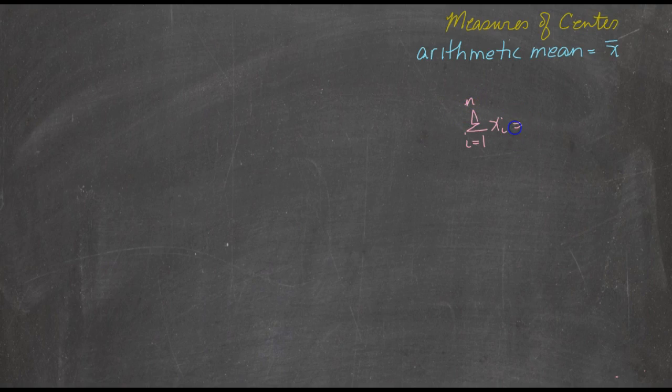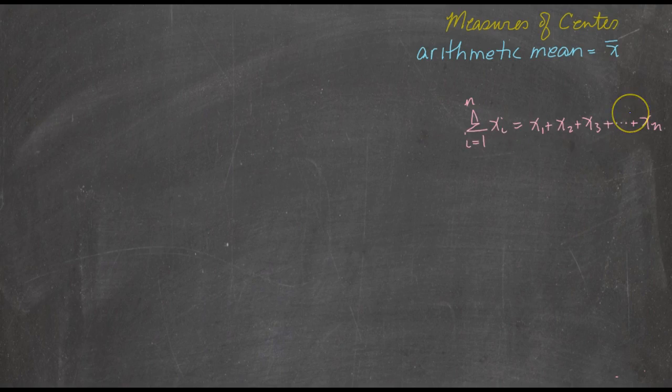So take the first value, add to it the second value, add to it the third value. Addition is commutative, so it doesn't matter which order you add everything in. It just means you want to make sure you get every element exactly once, and then you keep adding until you run out of values. I meant for that to be an n, so I want the nth term.